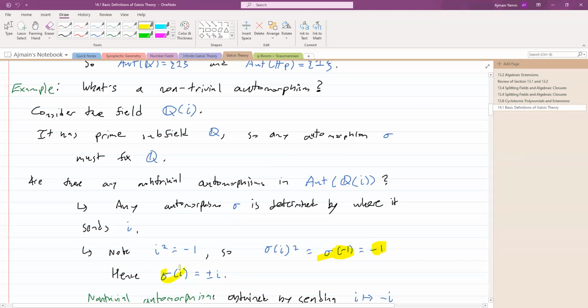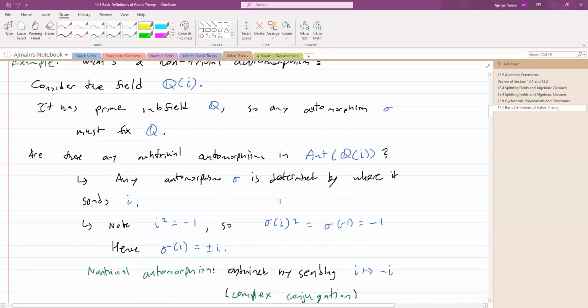That means you have to send i to another square root of -1, so you have to send i to plus or minus i. So the only non-trivial automorphism is the one that sends i to minus i, and you're familiar with this as complex conjugation.